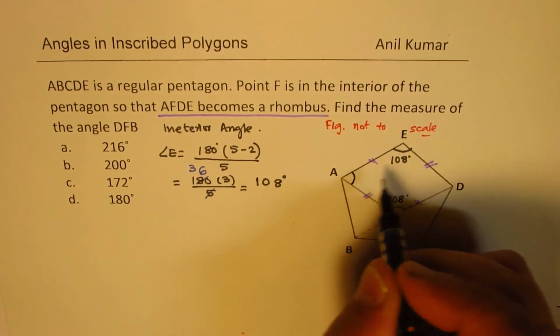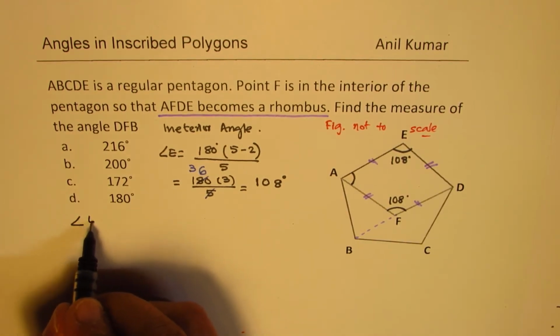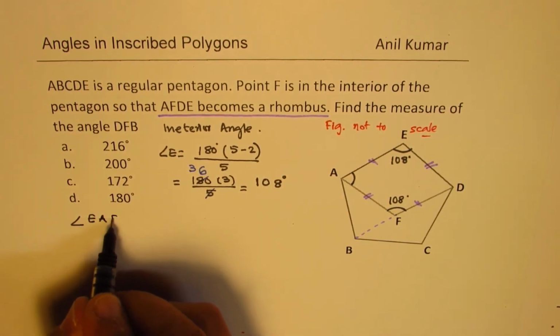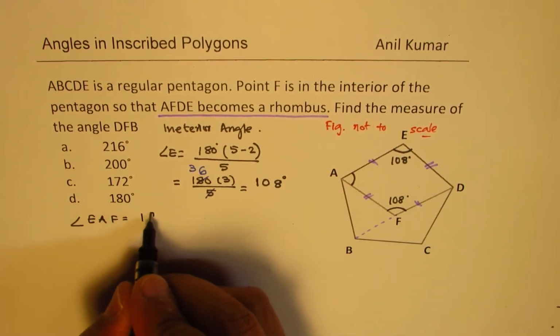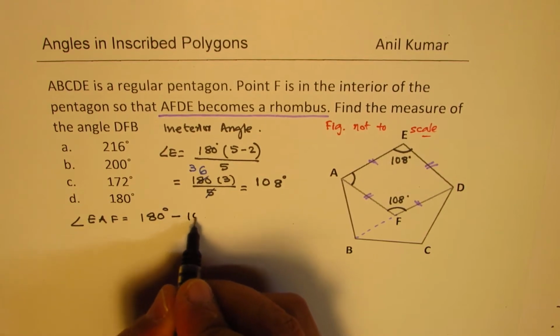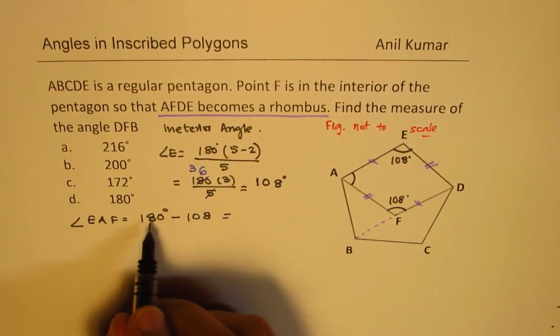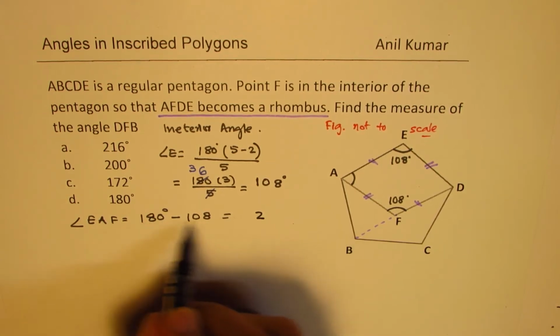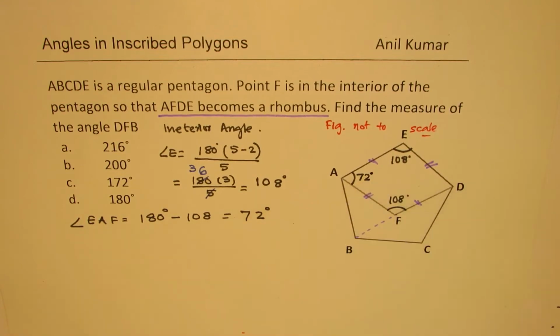And this angle, angle EAF, will be equal to 180 minus 108, which gives you 72. So this angle is 72 degrees for us.